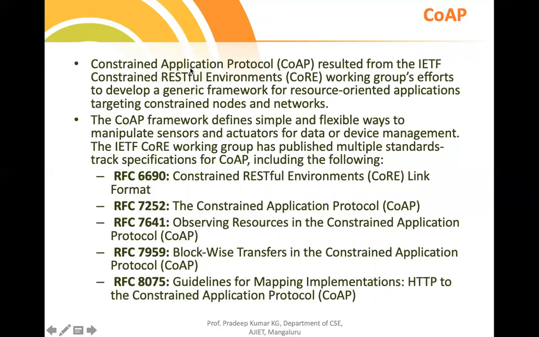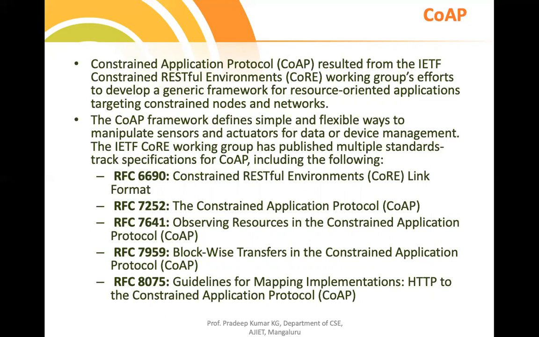We are very much familiar with the REST protocol, and CoAP is developed on top of that, following that criteria. It comes from the CoRE working group's efforts to develop a generic framework for resource-oriented applications which targets constrained nodes and networks. That is the idea behind it.